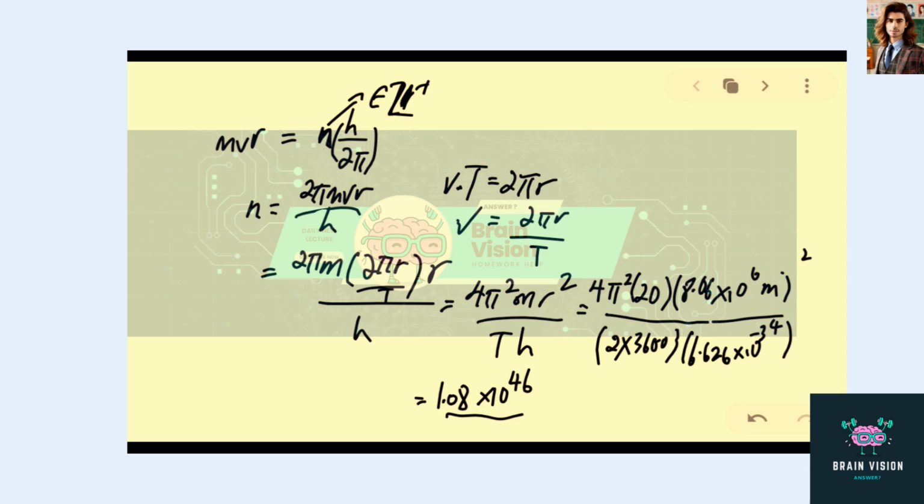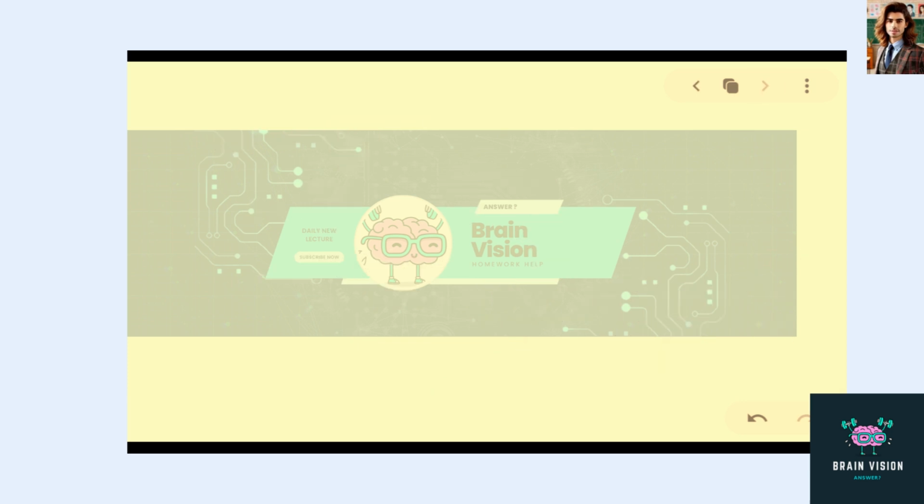For the next part, we want to show that, combining Bohr's angular momentum and Newton's gravitational law, the radius is directly proportional to the square of the quantum number. Basically, the radius is k times n squared.